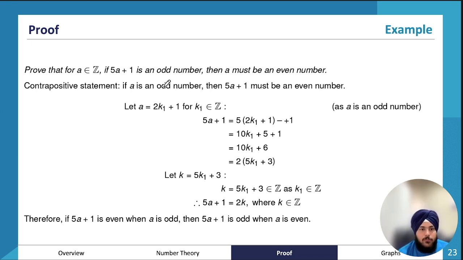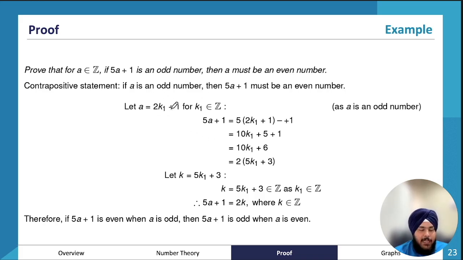So we're proving by contrapositive. Okay, so here is the proof. Let's look at it in a little bit more detail. What we have first done is let A equal 2k1 plus 1, for k1 being any integer.